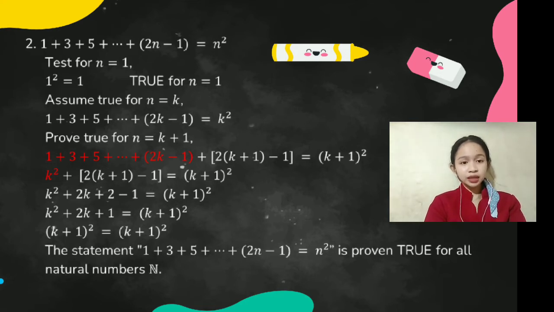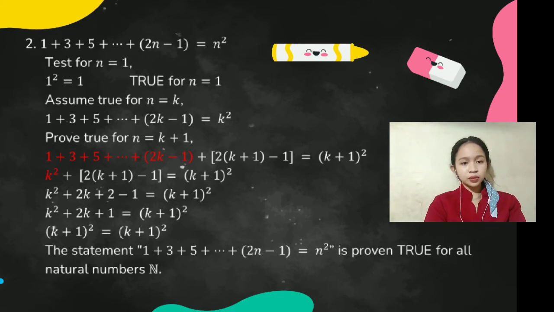Let's assume that it is true for n equals k. Here, simplify: 1 plus 3 plus 5 plus dot dot dot plus quantity of 2k minus 1 equals k squared. Prove true for n equals k plus 1.